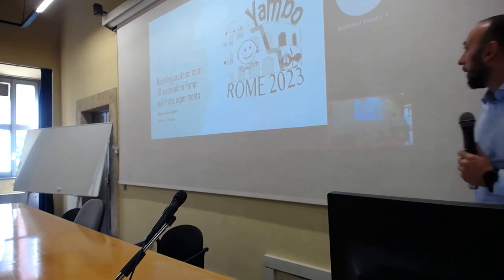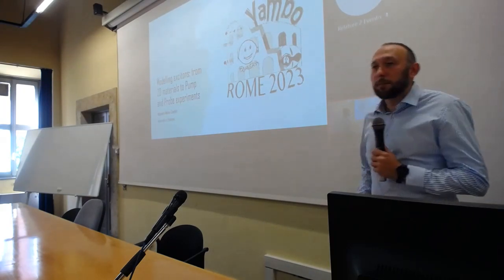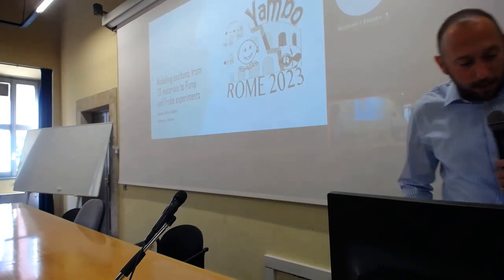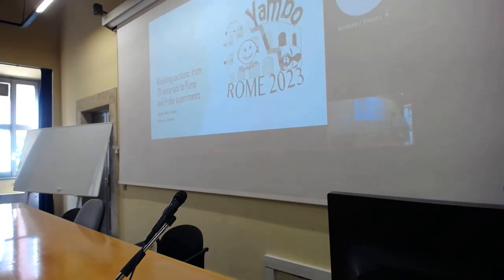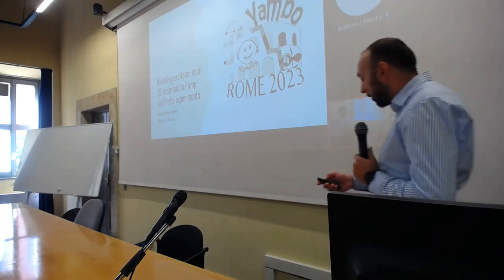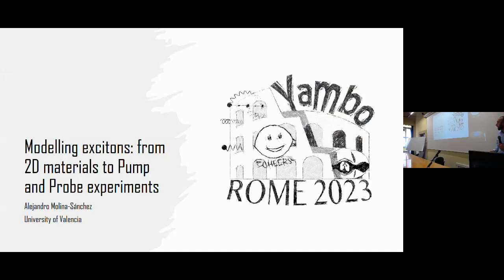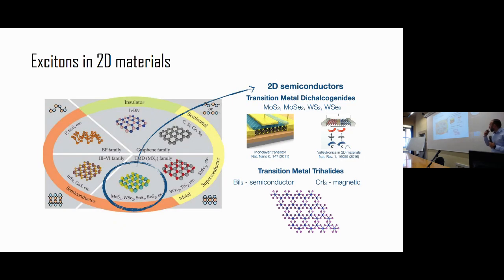So today I would like to explain this in more detail, and I will focus on 2D materials because it's, let's say, the topic that I have been working on in the last years. So basically, 2D materials, you have a bunch of them nowadays, no? You can find metals or semiconductors, insulators, magnetic materials.